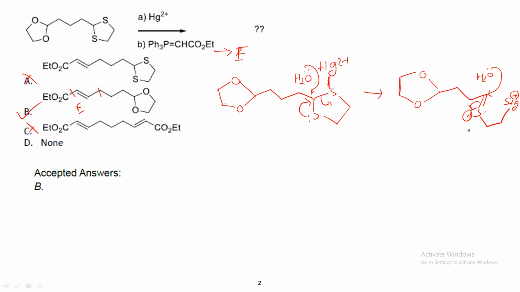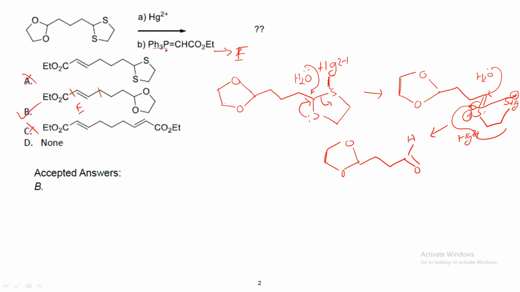Now it can interact with another Hg2+ partner, or this Hg+ itself, it can do the same thing. So that's how this whole part can be flipped. So when that happens, we would be getting this particular aldehyde.